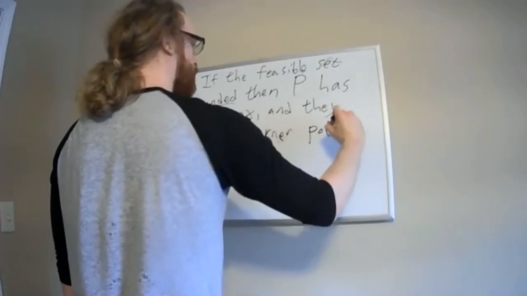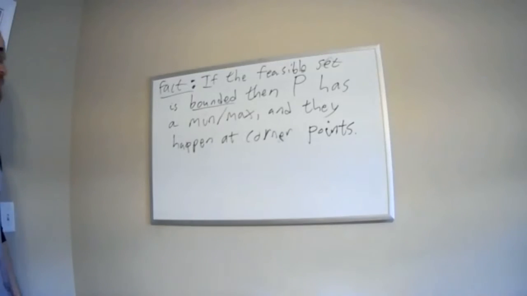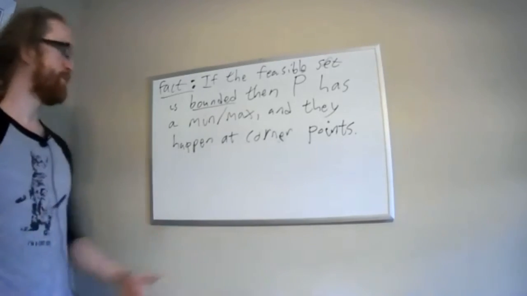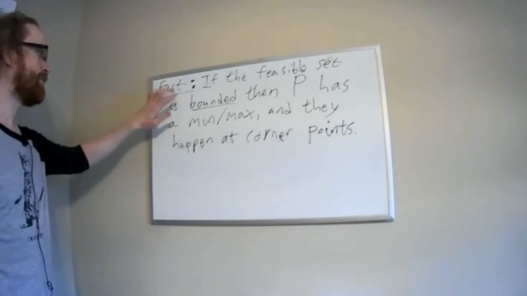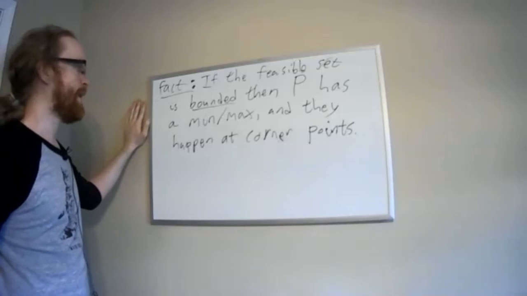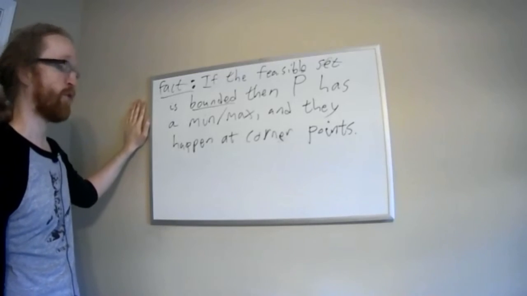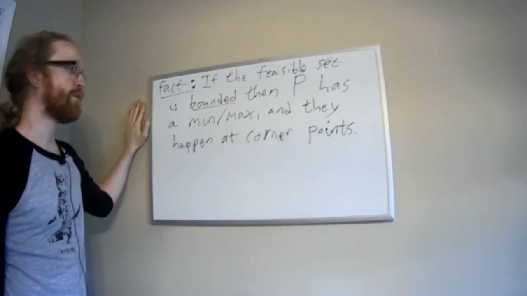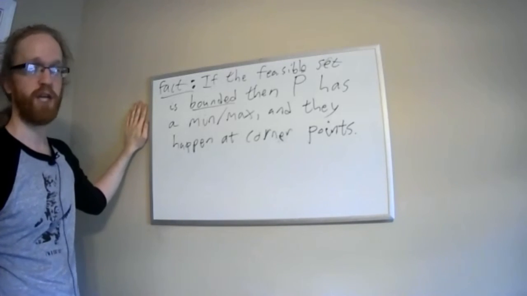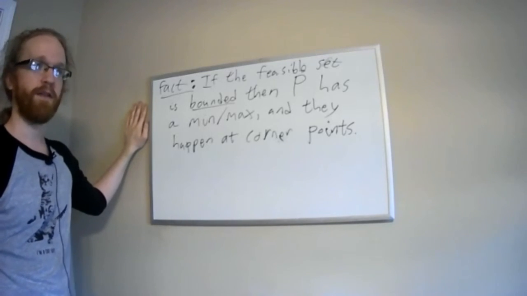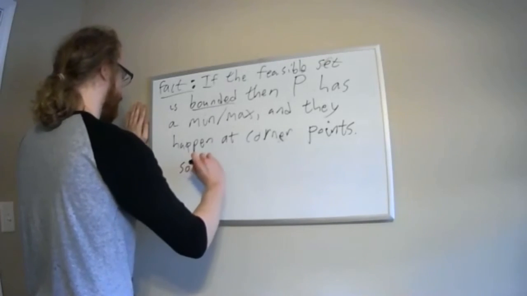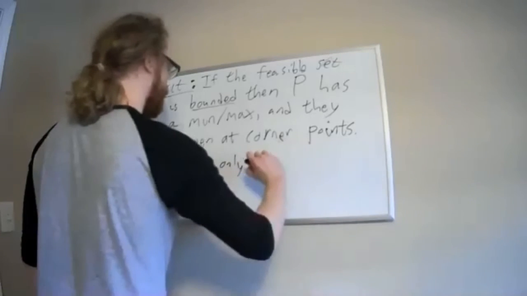But they must happen at corner points. So if I give you an objective function and a constraint and the feasible set is a bounded set, then the min and max of the objective function have to happen at corner points. So if I'm looking for the minimum or maximum of P and I have a bounded feasible set, then I only have to check P at the corner points, and that's it. So we only need to check at corner points.